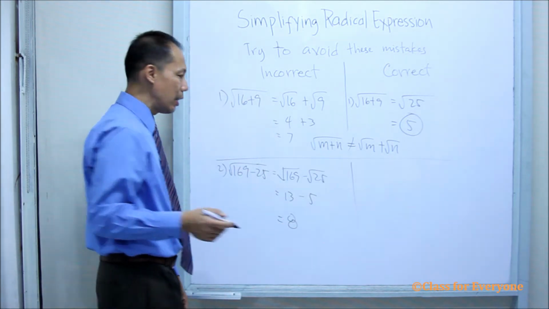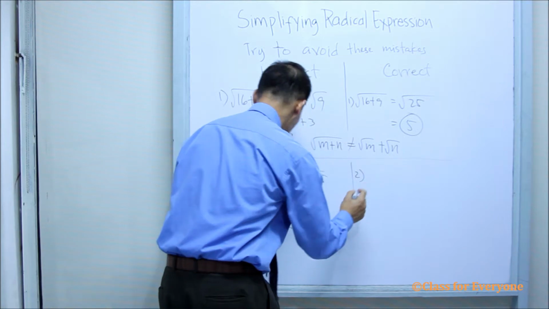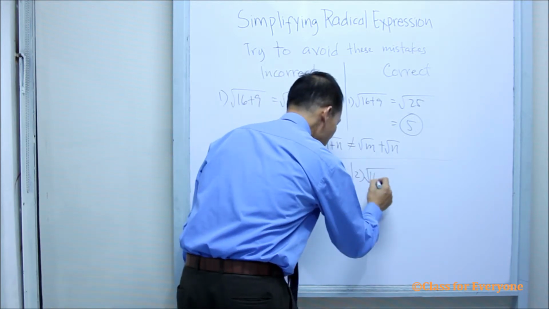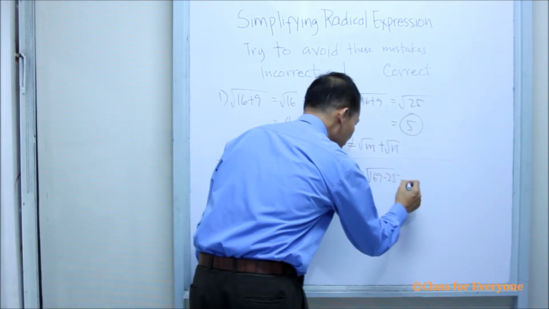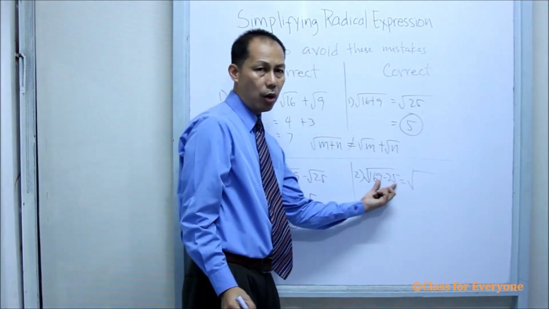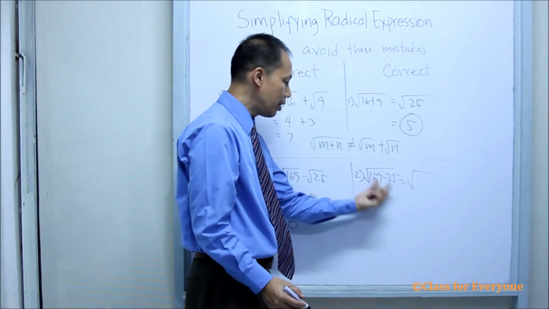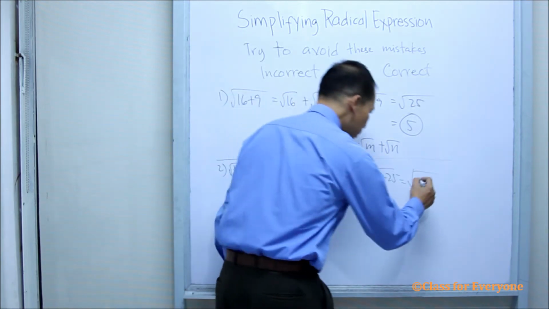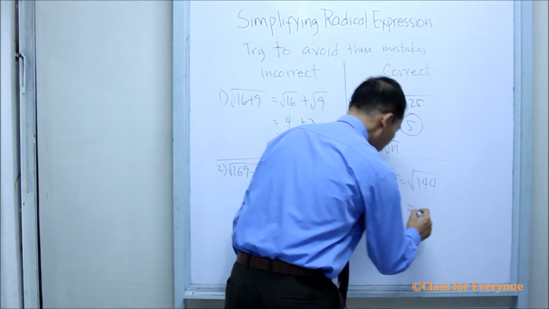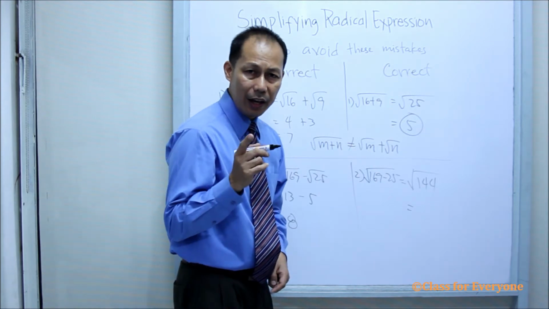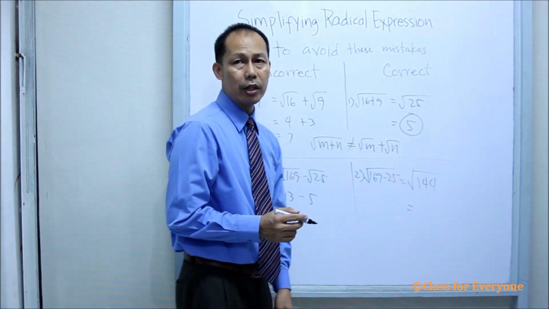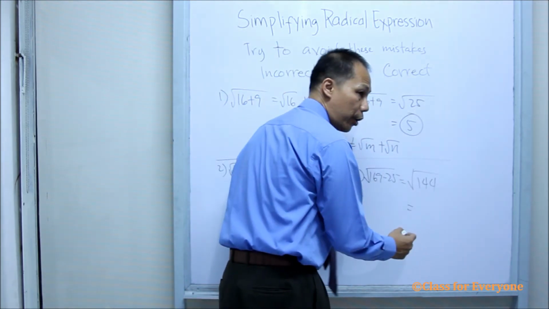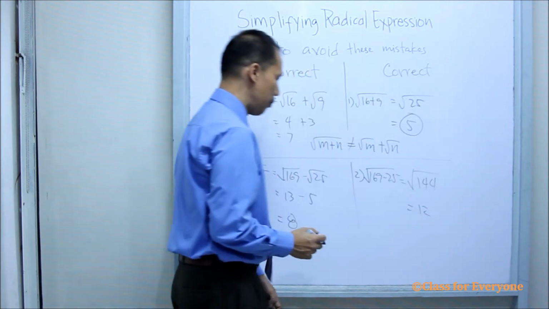But actually, when we get the square root of 169 minus 25, we just subtract, wherein the difference of 169 and 25 is 144, and the square root of 144 is 12.